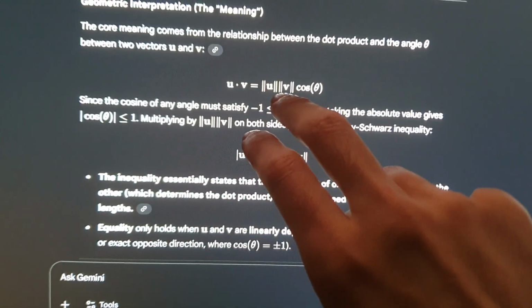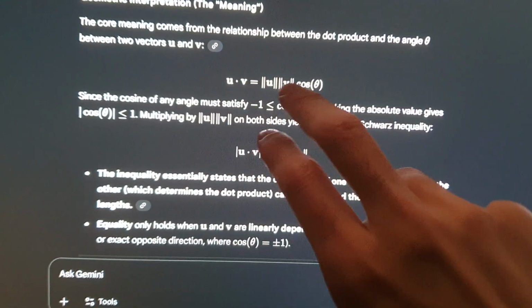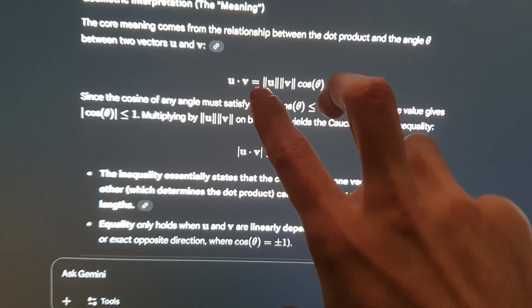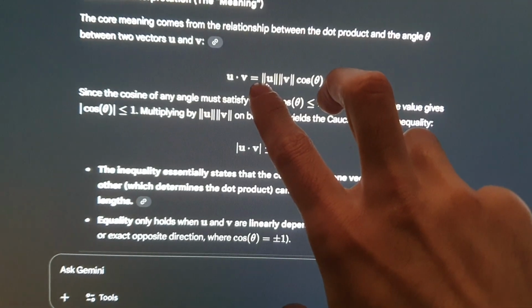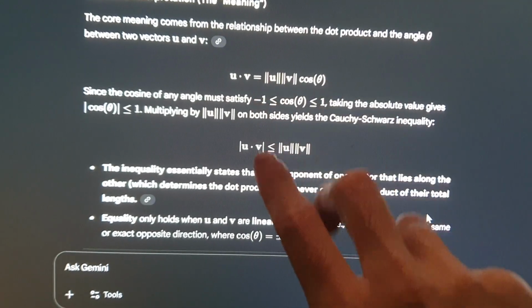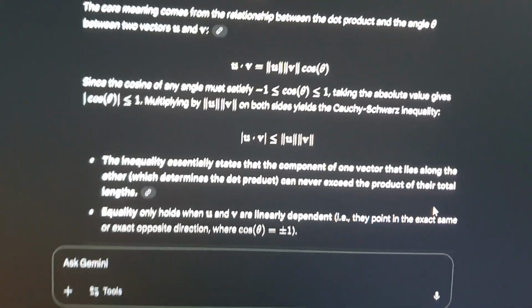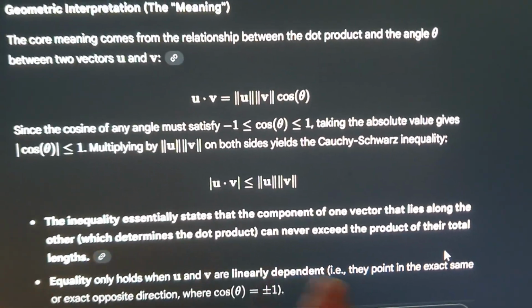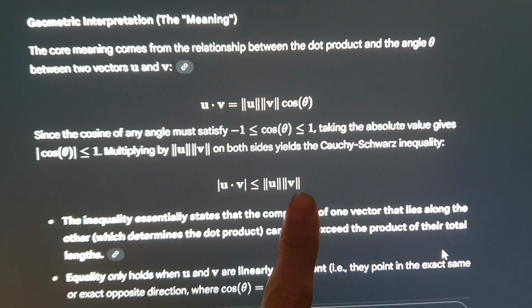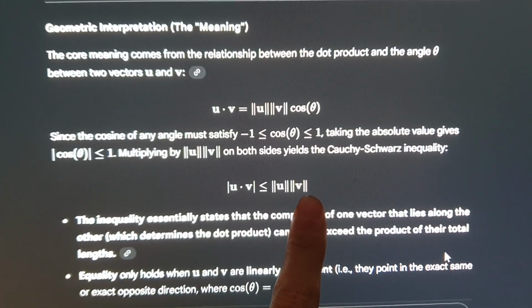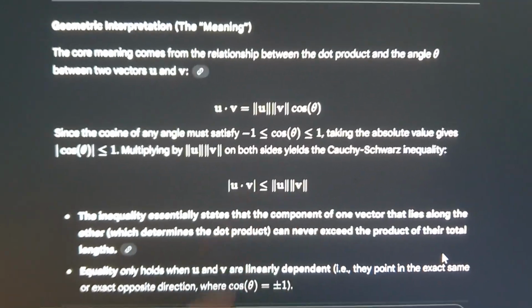So the dot product may be equal, but not greater than. So the dot product is less than or equal to the multiplication of the norms, with the absolute values.